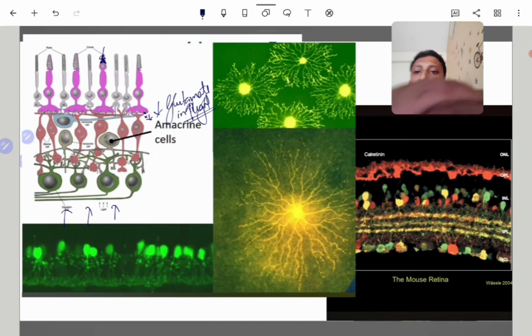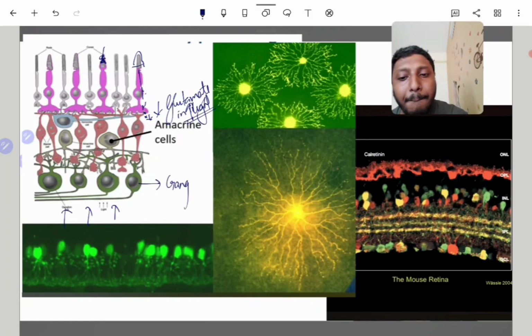That is how these phototransducers act. It's not technically an action potential; the action potential essentially generates at the ganglion cells, but also at the bipolar cells. So bipolar cells you can take as the most important thing.